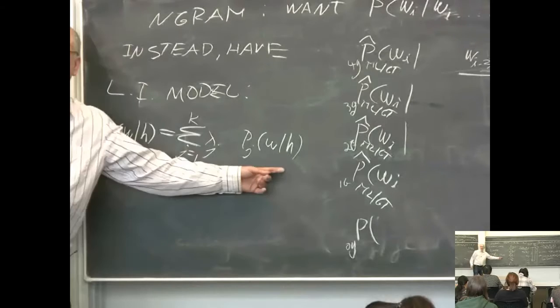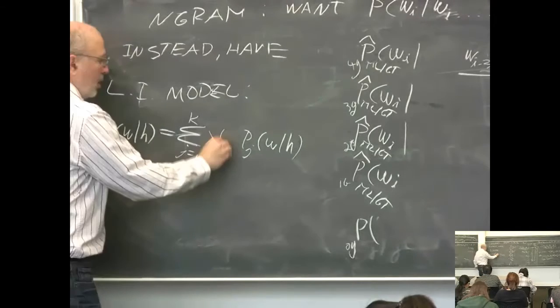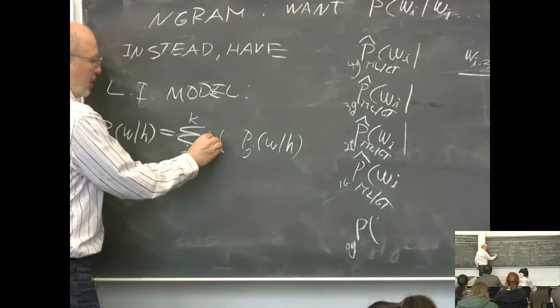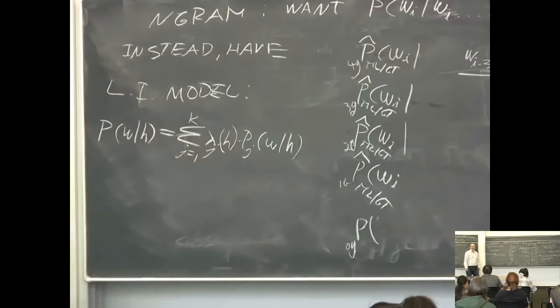This is the model as I showed it to you, and this is what you played with in your assignment. But in fact, you can make these lambdas depend on the history in any way you want.